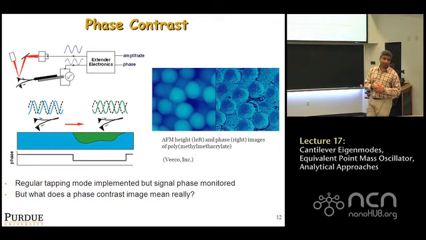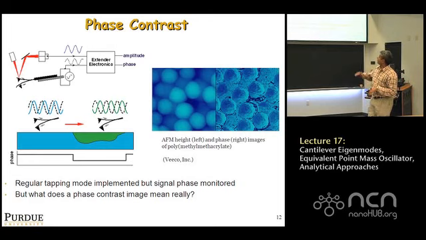They said, well, you can do topography, but hey, you can also monitor how the phase changes over the sample. And maybe if you make a map of that, you get really important information about the composition. So the very first channel in dynamic AFM that was used to map compositional contrast was phase imaging.